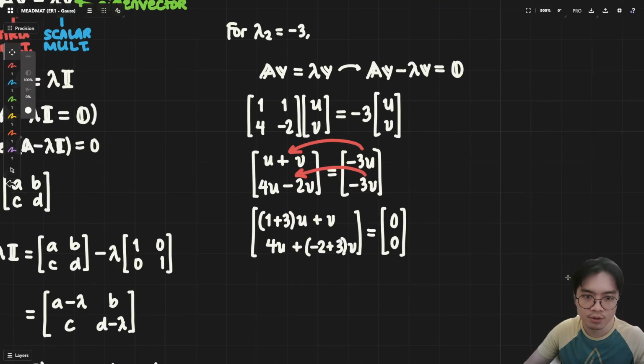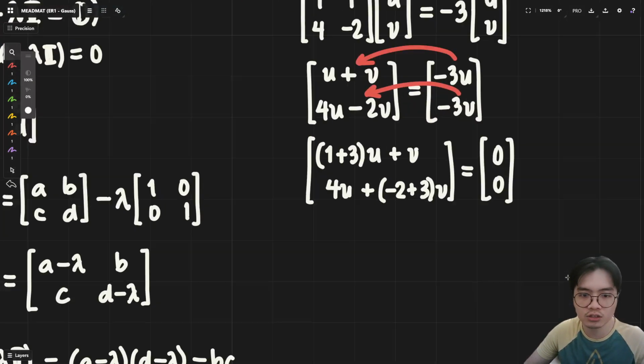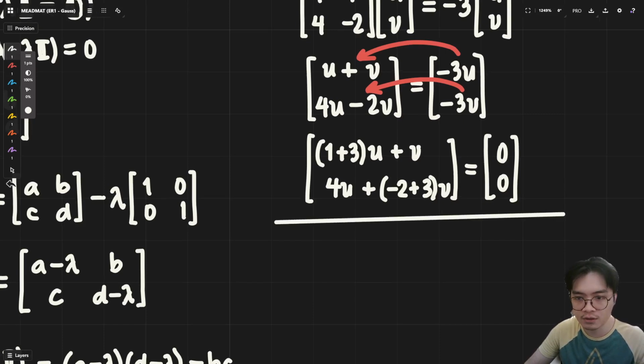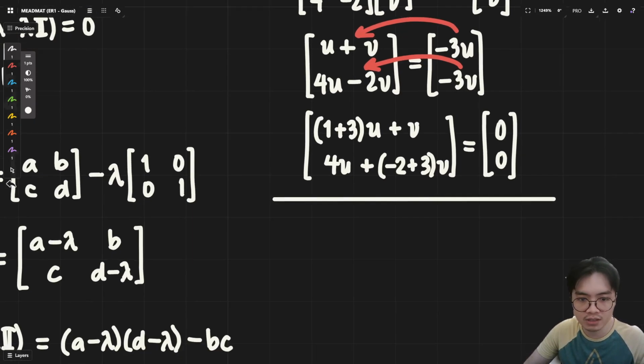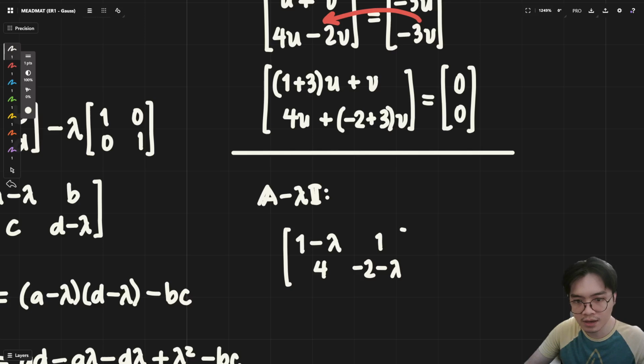And so now what you can actually do as a little shortcut is bring back the original matrix, the A minus lambda I, and you can substitute the values there: 1 minus lambda, 1, 4, negative 2 minus lambda.